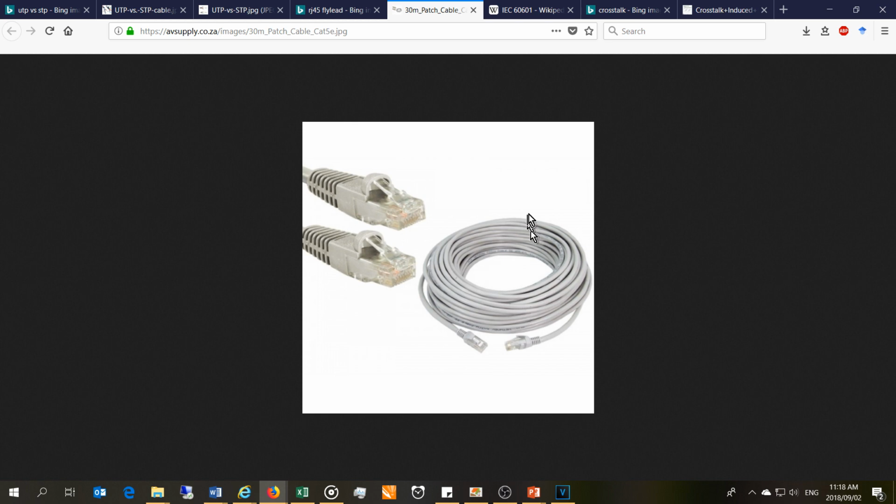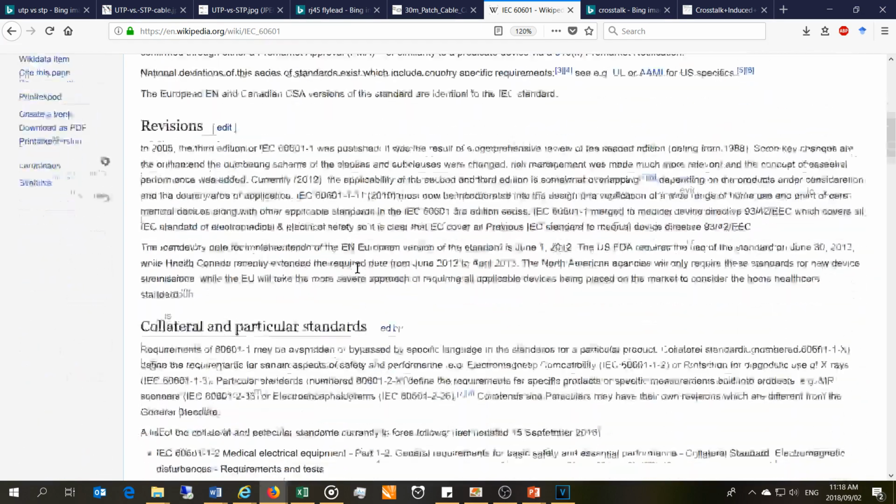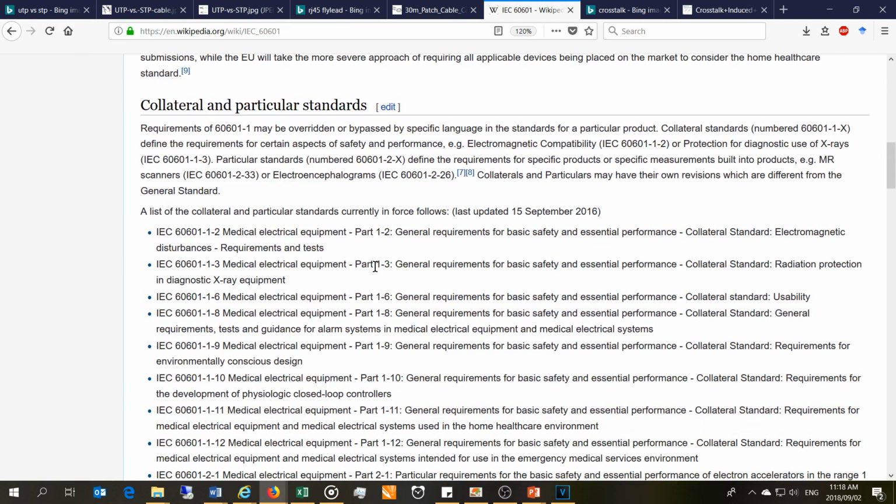And the reason why people do that is because of this standard, the IEC 60601, which is a standard for connecting medical equipment, and that is for very high safety in terms of getting electric shock.